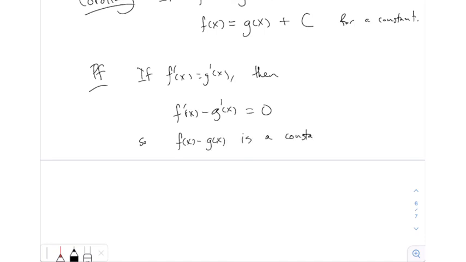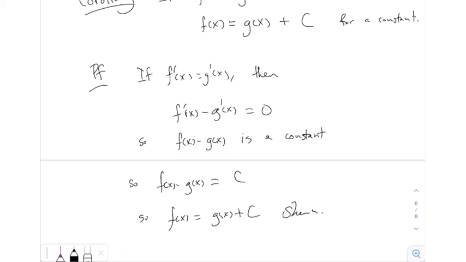Because what we just said, the first fun fact, was if the derivative is always 0, then that function is a constant. And here, this says the derivative of f minus g is always 0, which means f minus g must be a constant. And what does that mean? That means this, right? If you rearrange things. So f of x minus g of x is some constant c, and that means f of x equals g of x plus c. Right?